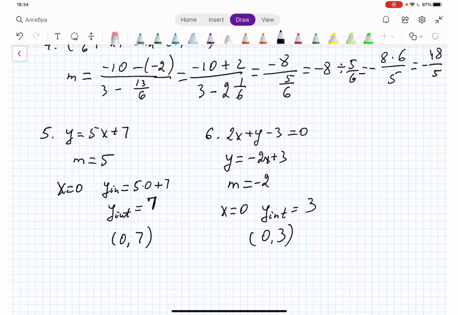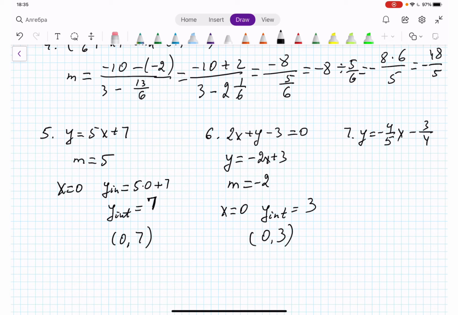Number 7. I have y is equal negative 4 over 5x minus 3/4. Okay, let me rewrite this 5 nicer.